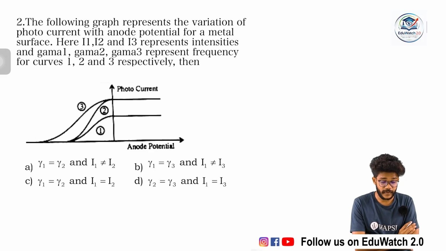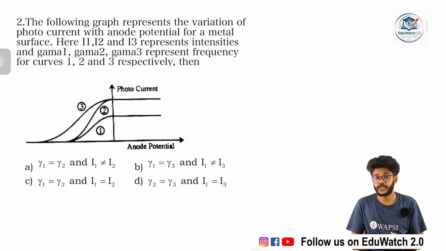The following graph represents the variation of photocurrent with anode potential for a metal surface. Here I1, I2 and I3 represent intensities, and gamma 1, gamma 2, gamma 3 represent frequency for curve 1, 2, 3 respectively. The curves 1, 2, 3 are shown in the figure, and the y-axis is photocurrent and the x-axis is anode potential.